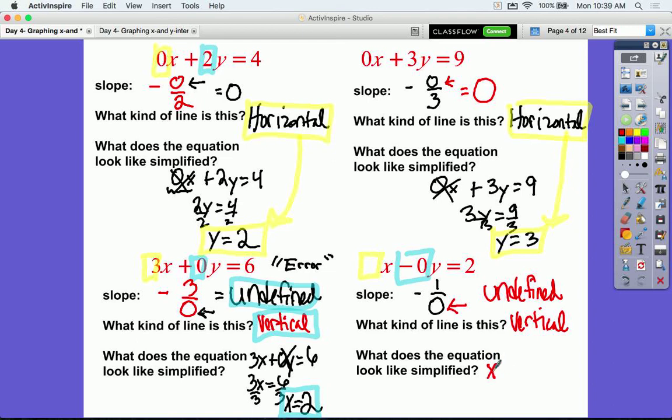So if I go back to this, x minus 0y equals 2. 0 times y, we know what happens there. Goodbye. And look how easy. We're left with x equals 2. Undefined slope, vertical line, equation looks like x equals. And now we're going to talk about what these y equals and x equals equations will look like when we put them on the graph.